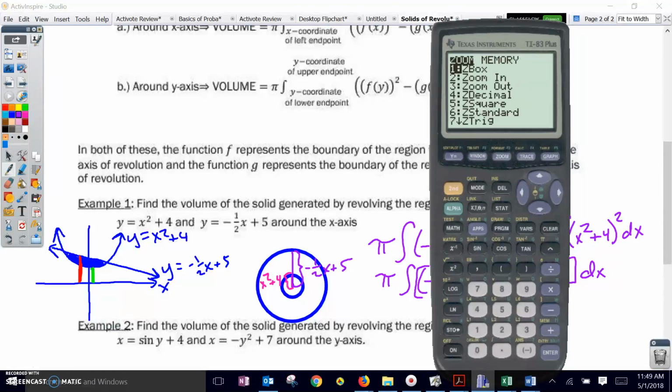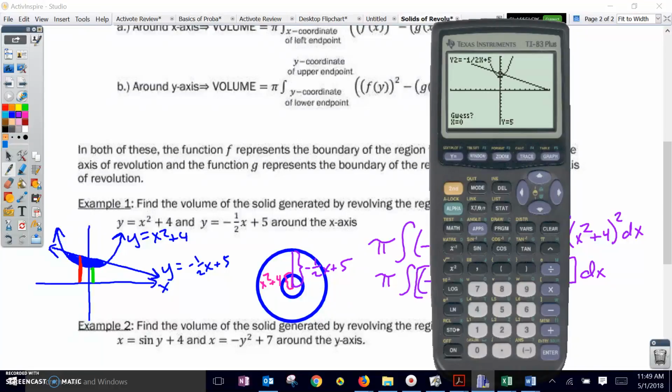And I'll go ahead and graph those in the standard graphing window. And now since we're revolving around the x-axis and our integrand is in terms of x, we want the x coordinates of these intersection points. I'm going to go ahead and find those intersection points.